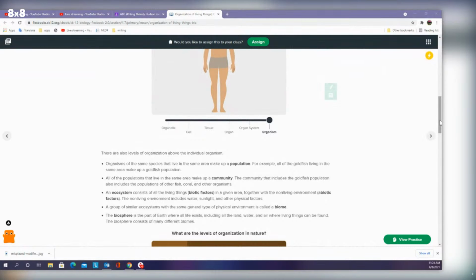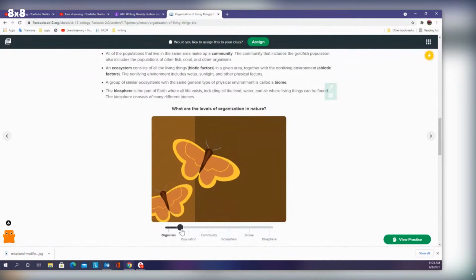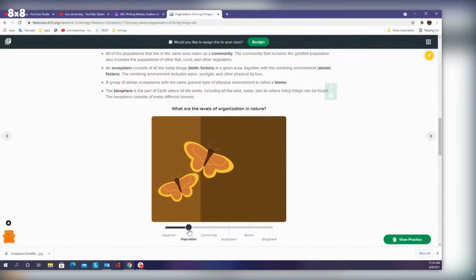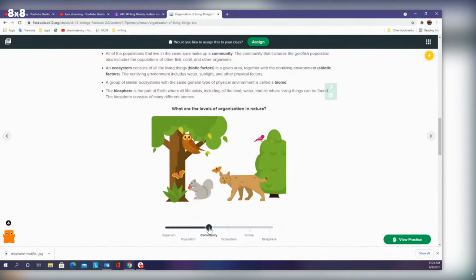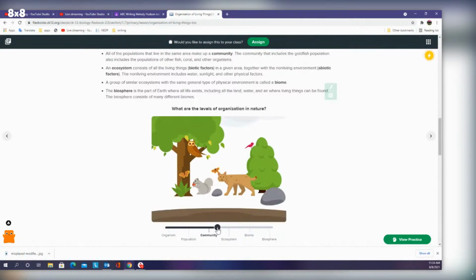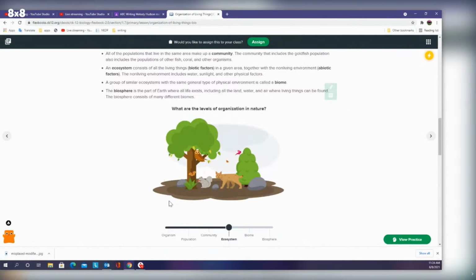Oopsie. What are the levels of organization in nature? Well, we start with the organism, and then we have more, which makes our population, and then we have different types of organisms together. They form a community. Then we have all of the living things, biotic or abiotic, rocks, soil.